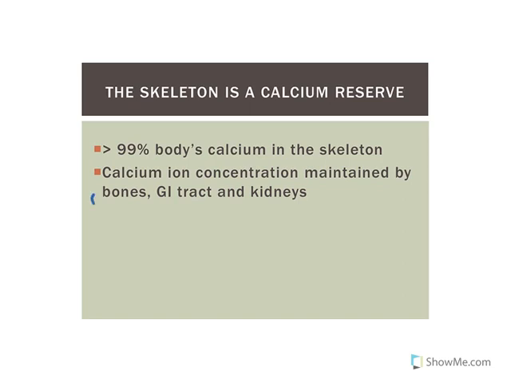Bones will be one, because that's a huge storage. Your gastrointestinal tract, mainly your small intestines, is involved in absorption of calcium from your diet. And the kidneys are a place where we can regulate the amount of calcium that we keep in or excrete. So those are the three major things involved in calcium ion concentration.